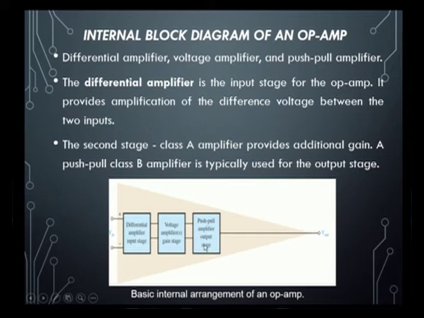The output stage will be a push pull amplifier and the input stage will be a differential amplifier, and the intermediate amplifier will be a voltage amplifier, and it will be of multiple numbers. So, this is how we can represent the internal block diagram of an op amp.